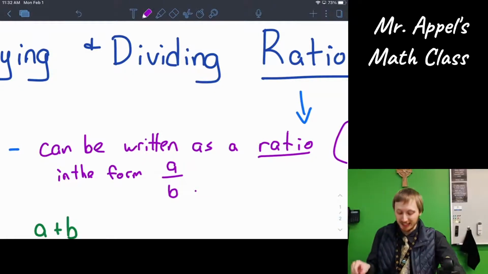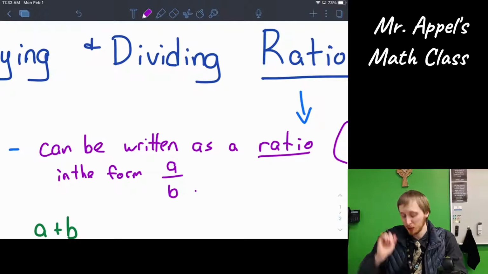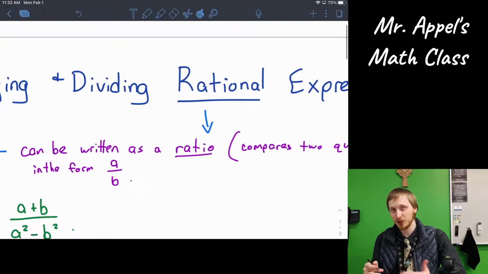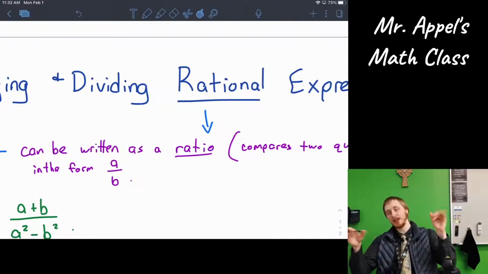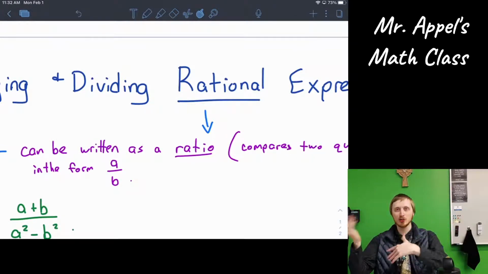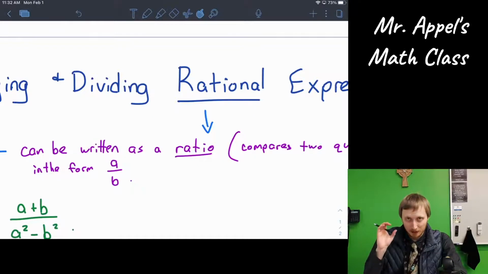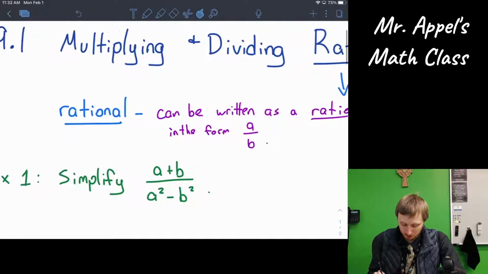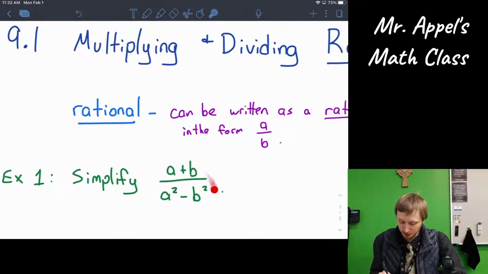So now we're dealing with not just rational numbers, but rational expressions. We're taking all that algebra stuff, plus x minus x squared, and we're going to write two of those things, one divided by the other. Here's a perfect example.